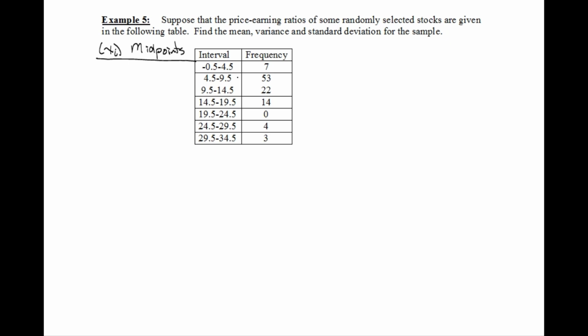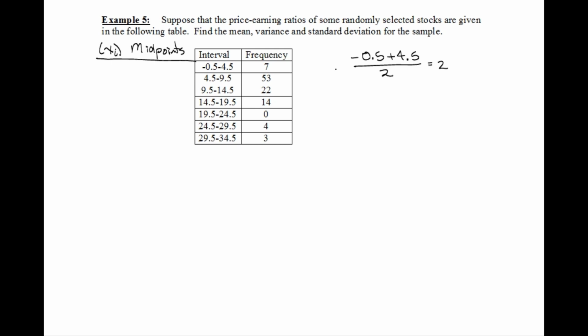So if you look at the very first interval, you can see that it is 5 units across, and therefore our midpoint should be 2.5 units from either side. Alternatively, you can average the left edge, which is negative 0.5, and the right edge, which is positive 4.5, and divide by 2, which will give you 2.